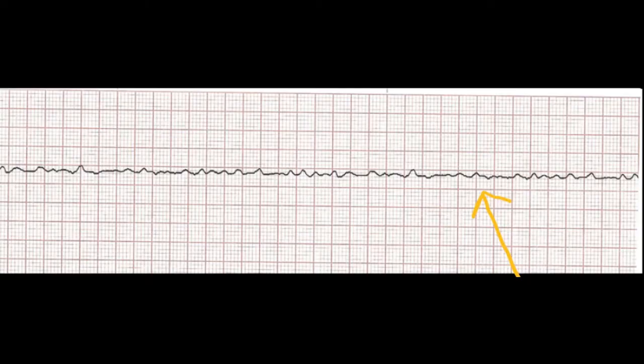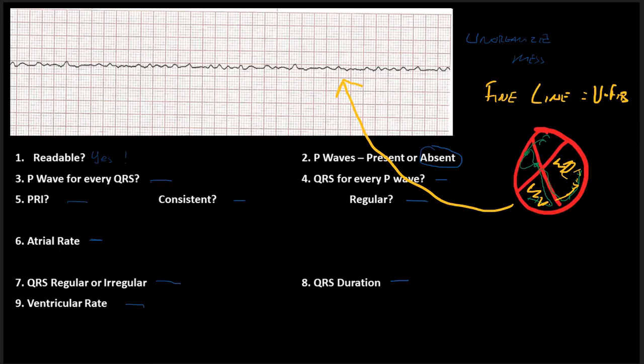This is a fine V fib because everything appears to be very small, a very, very fine line. Basically, that is the easiest way to look at it. It's a fine line, and therefore, if it's a fine line, it equals a fine V fib. Now, as I said at the beginning, a coarse V fib converts easier than a fine V fib.